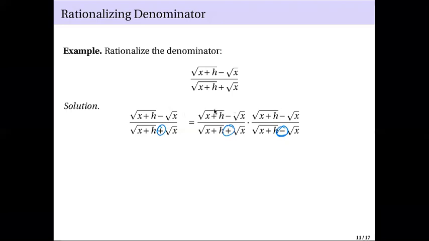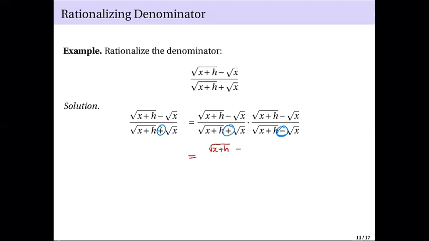But it just so happened in the numerator, we have the same expression. So square root of x plus h minus square root of x. So you can use your binomial expansion, perfect square, okay? While for the denominator, you use your difference of two squares. So for the numerator, okay, you will have something like this.